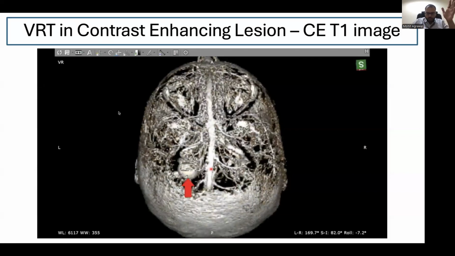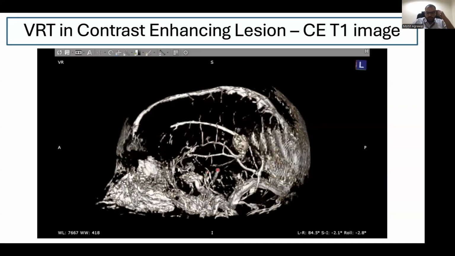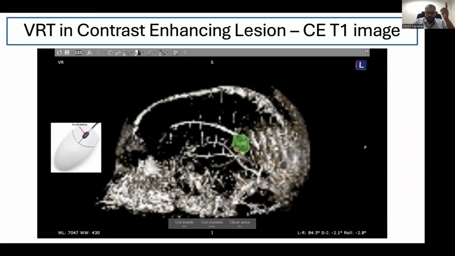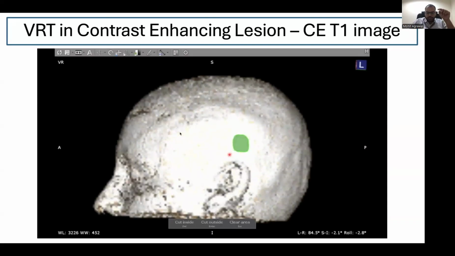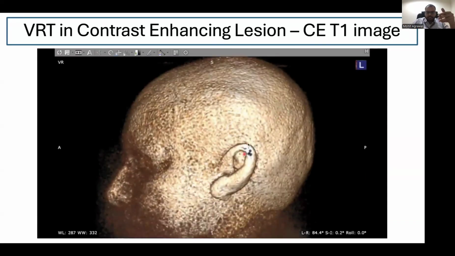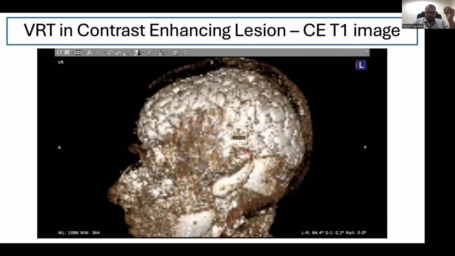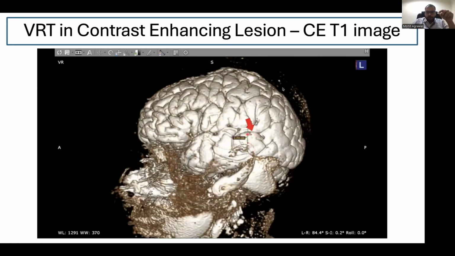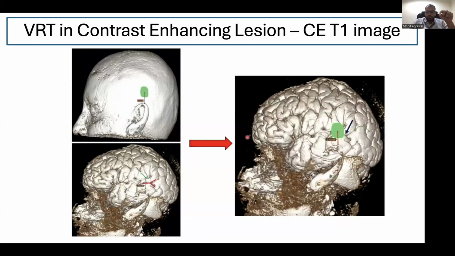Although not relevant to this case, you can make out the surface veins as well. Once you have delineated the lesion, mark my words, this is a deep-seated lesion. Its exact relationship to the surface anatomy can easily be made out, which will help us in studying the surface anatomy and deciding where we want to enter the lesion.